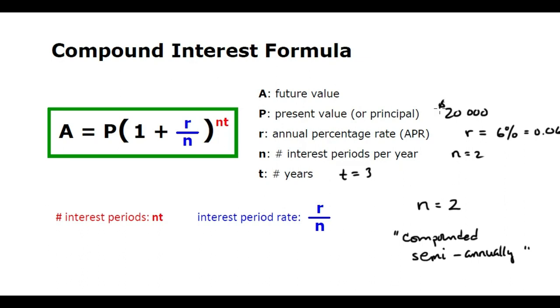So note the exponent is the number of interest periods, which is nt, twice a year for 3 years in total. That gives us our 6. And that interest period rate, our semi-annual rate of interest, has shrunk down now to 0.06 divided by 2, which is 3% or 0.03.